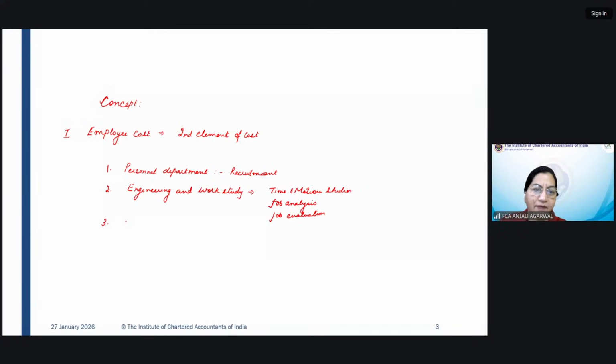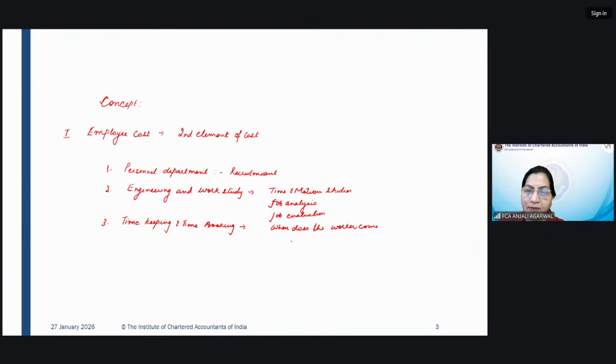The third department is the timekeeping and time booking department. Timekeeping and time booking will ensure that we know the time that the worker is spending in the factory. So we have to see when the worker comes into the factory and when he leaves.